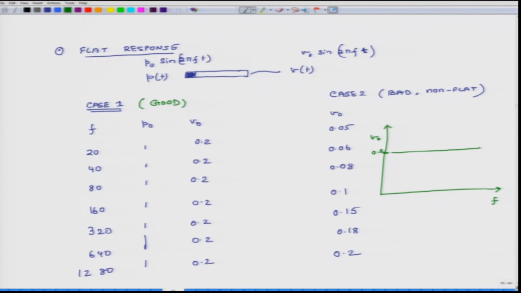For a bad microphone, a not so good microphone, this is not a straight line, it is doing something like this. So this is case 2 and this is case 1. This is what we do not want in a microphone, we want a flat response.